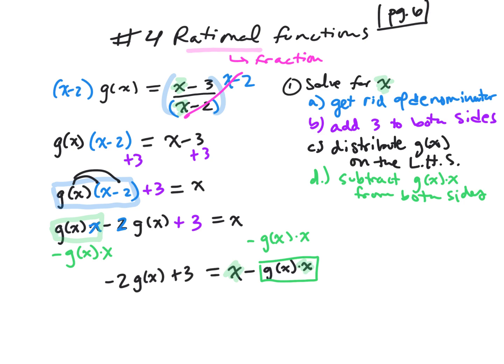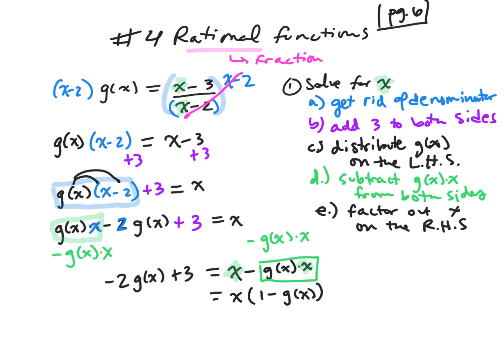Sorry, I was thinking for a second. I'm going to factor out x on the right-hand side, RHS. So then I have x here, times 1 minus g of x.